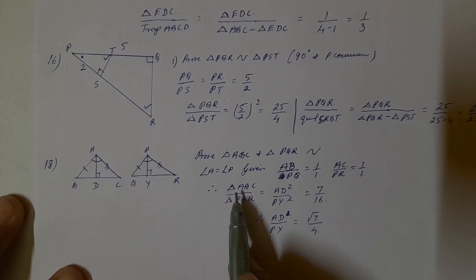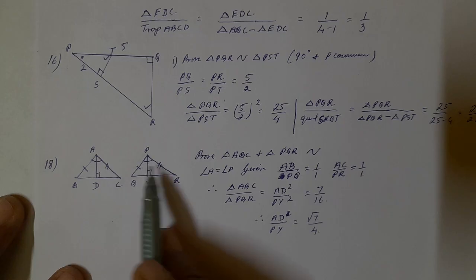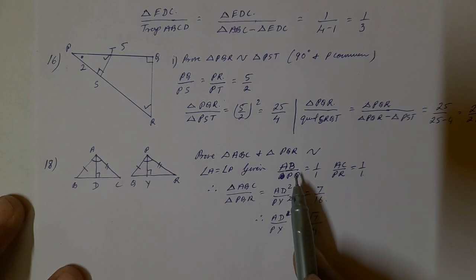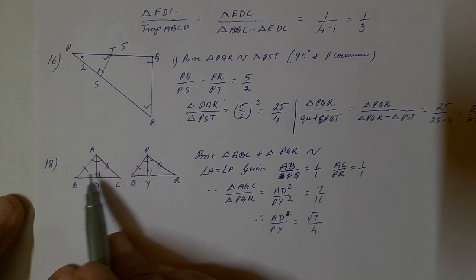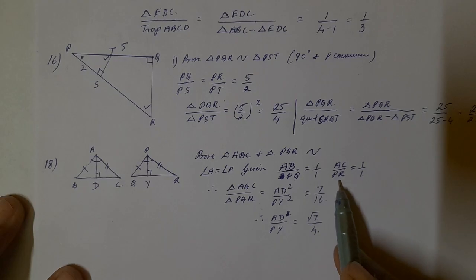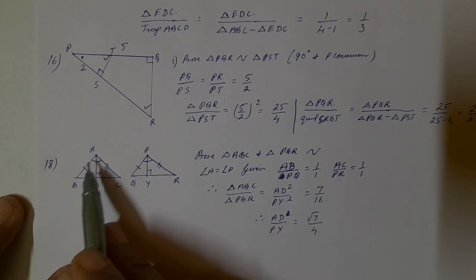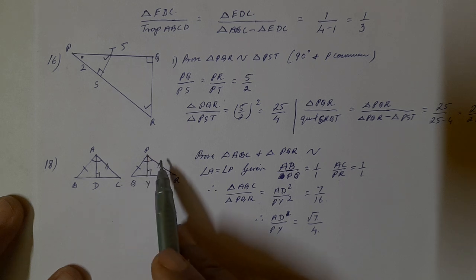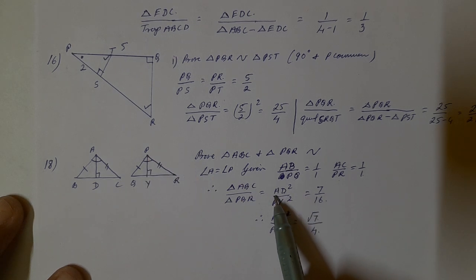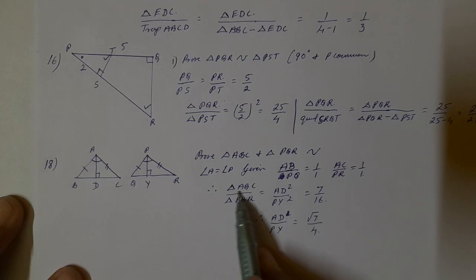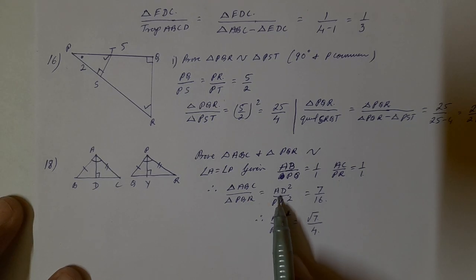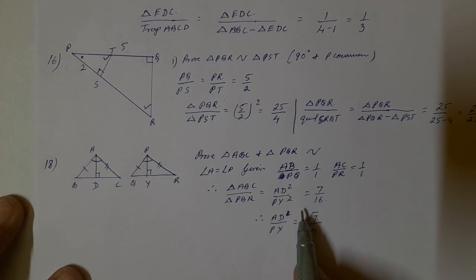Now angle A is equal to angle P, given. AB by PQ, because they are equal, is 1 by 1. AC by PR is 1 by 1, because they are equal. Triangle ABC by triangle PQR is equal to AD square by PY square.